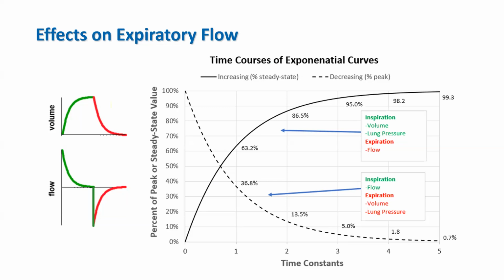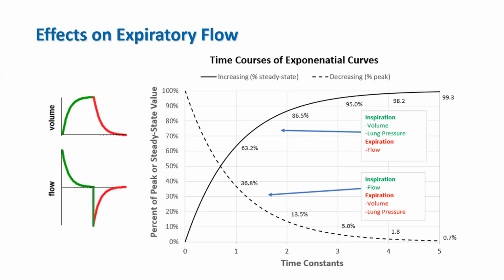And what the time constant tells us is the amount of time it takes for an exponential curve to change by 63%. So for example, the control volume will rise 63% in a time equal to 1 time constant. It takes 3 to 5 time constants to get complete equilibrium of inspiratory volume.